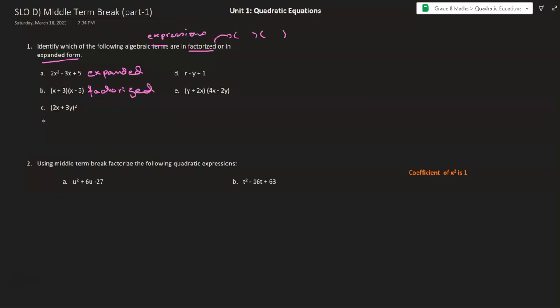Similarly, in case of C, what I want you to do is figure out if it's factorized or in expanded form for each of these. So if we talk about C, we have 2x plus 3y whole square. We can also write it like this.